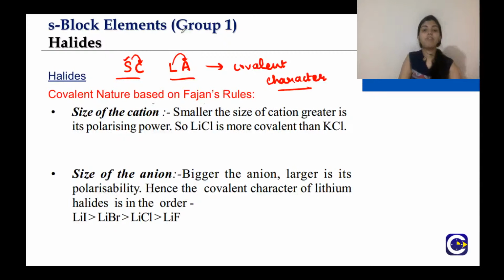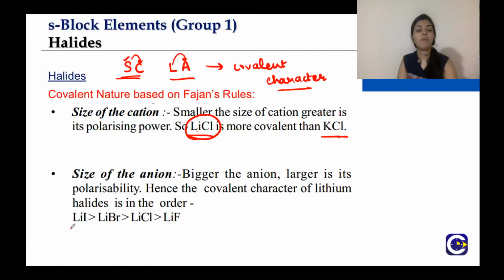If you compare, let us say, lithium chloride and potassium chloride, here the chloride ion is the same, that means the anion is the same, so you compare the cation. Amongst lithium and potassium, which is the smaller cation? Lithium is the smaller cation, therefore it will be more covalent than potassium chloride.